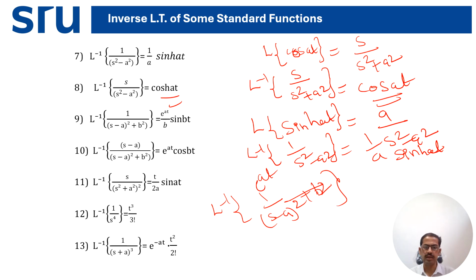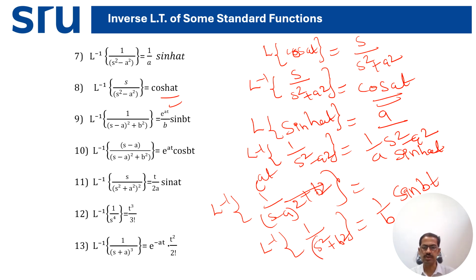First you take the inverse Laplace transform of 1 by s square plus b square, which is 1 by b into sin bt.